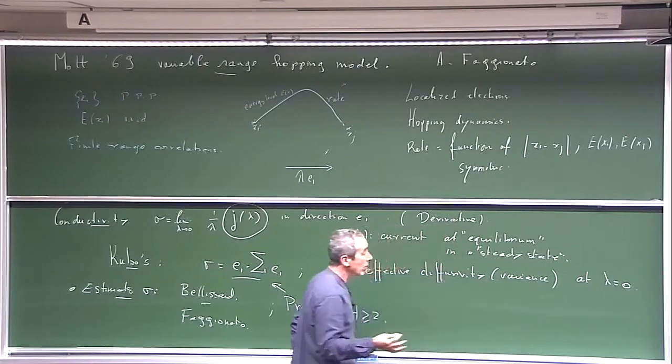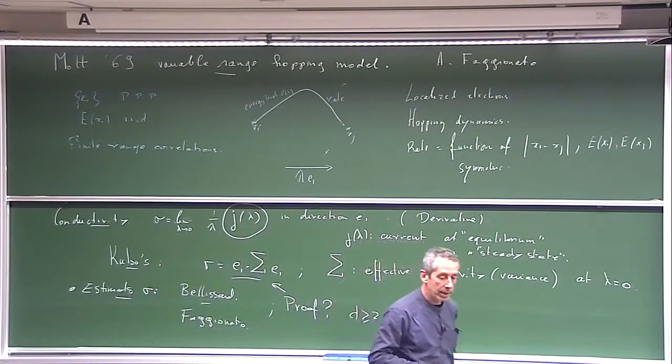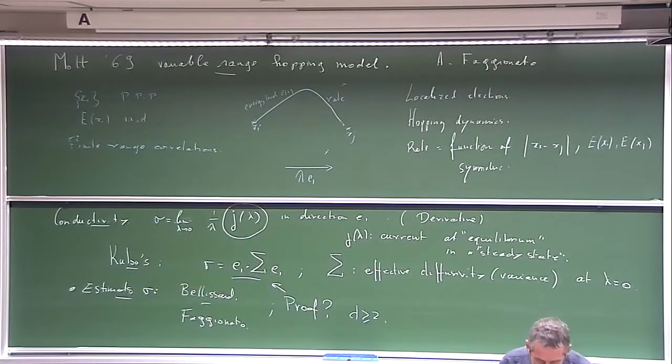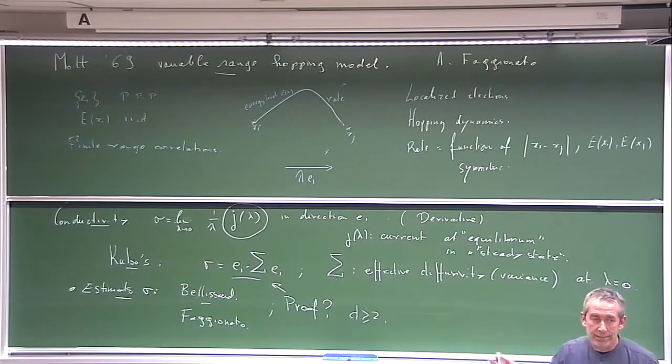Now, I want to discuss this a little bit more, in more details. Because what does it mean to measure this current at equilibrium? What is at equilibrium? So, physically speaking, it's easy. You wait for a long time until things become steady.